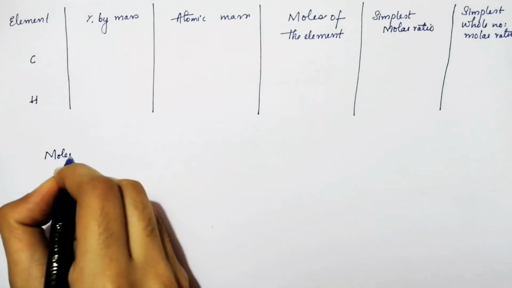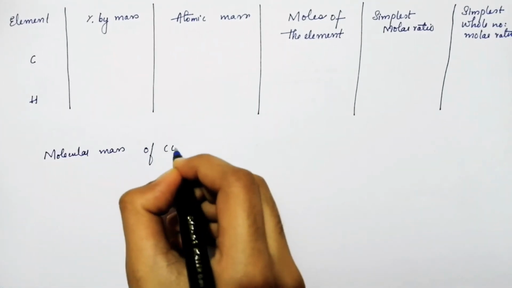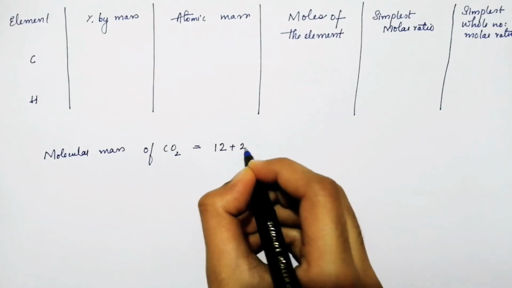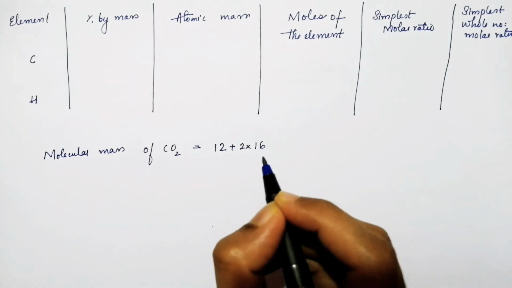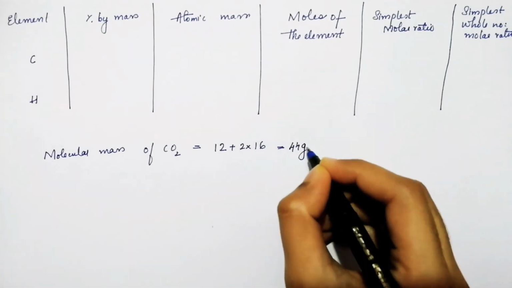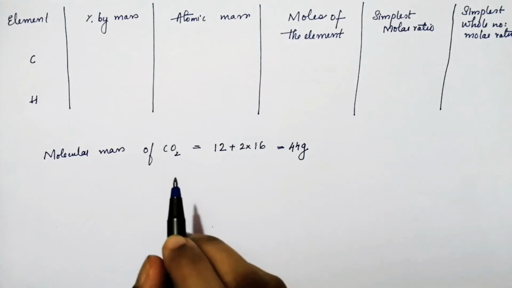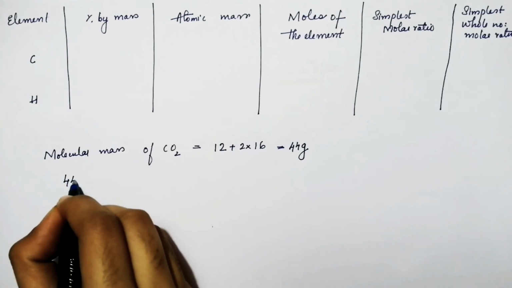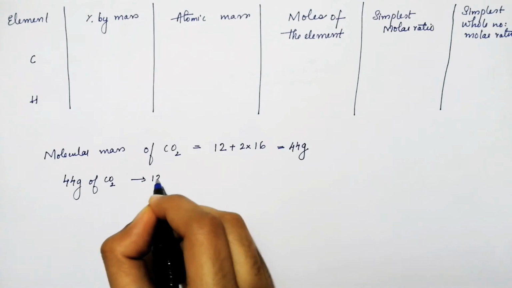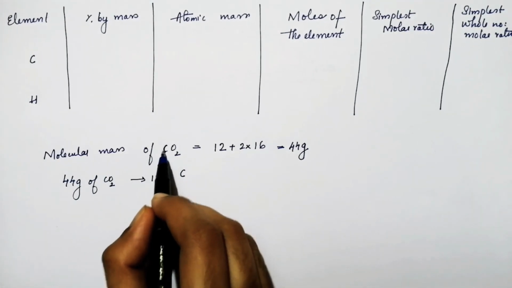Let us first calculate the molecular mass of carbon dioxide. We know the atomic mass of carbon is 12 plus 2 into atomic mass of oxygen, which is 16. This gives us 44 gram. So we have calculated the molecular mass of carbon dioxide to be 44 gram. Now we can say that 44 gram of carbon dioxide contains 12 gram of carbon. It's very clear because the atomic mass of carbon is 12.